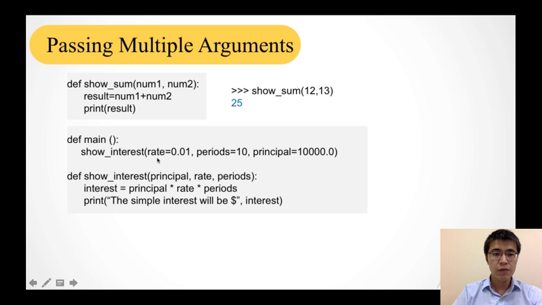So if you want to present your arguments in a different order to your parameters, you need to write down the parameter names to be specific. So you need to write rate is 0.01, period is equal to 10, principal is 10,000 to make it work. So as a result, when you write your function like show interest and provide 3 arguments like this, you can calculate the interest of your principal, which is $1,000, right?